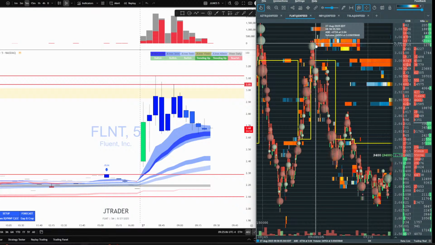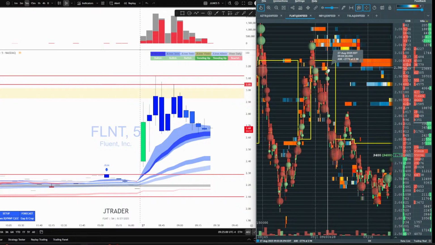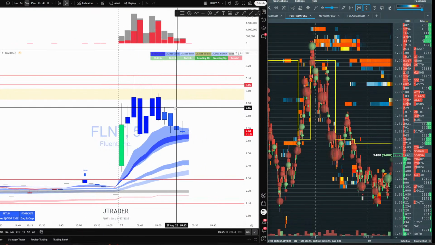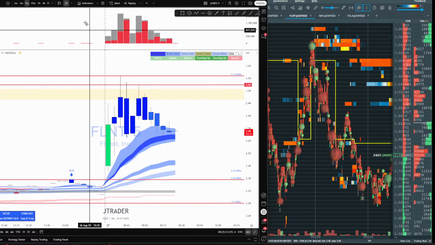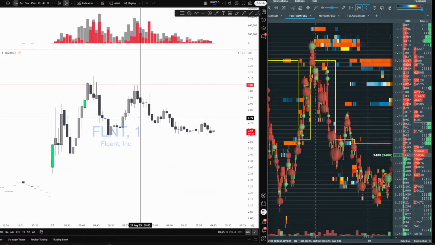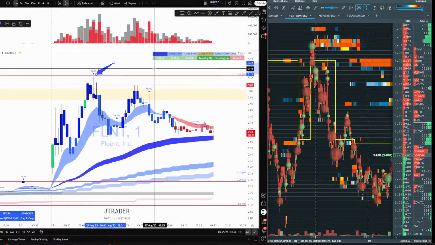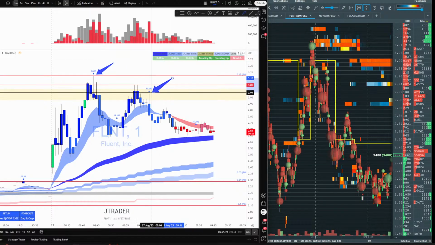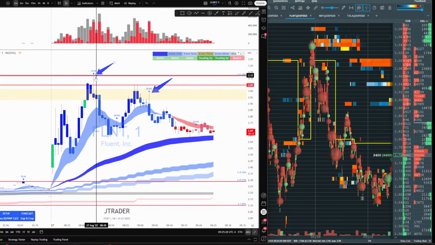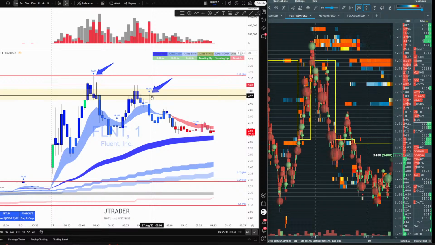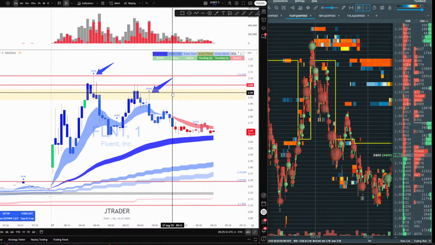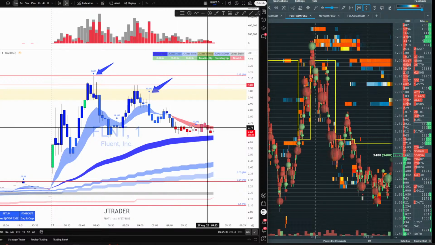Bookmap showed 304 and then $3 sellers stuffed over here on the 1-minute chart, and then we're short play. This is our system that tells us J-Slim. So we short those bars when we have confluence of order flow and levels.